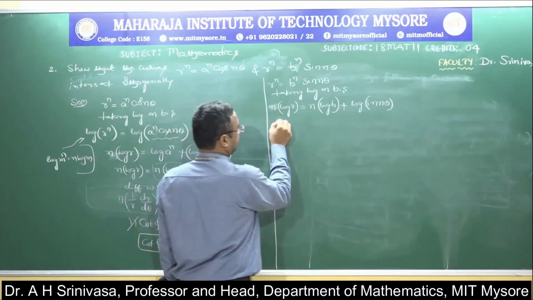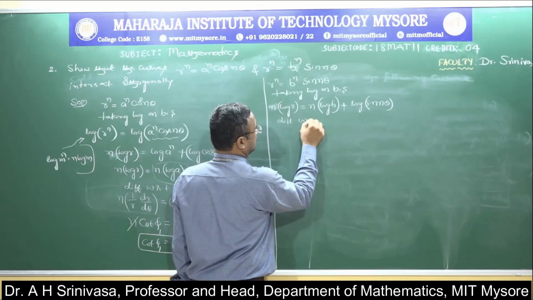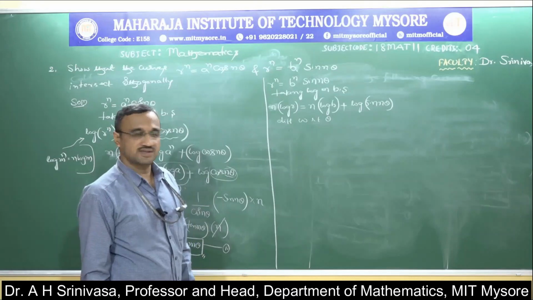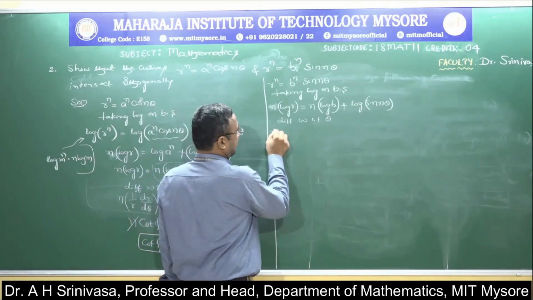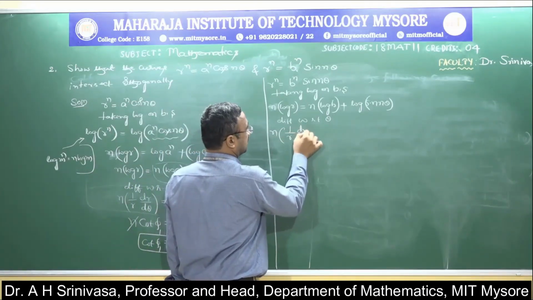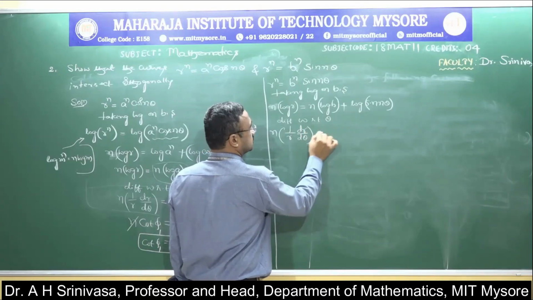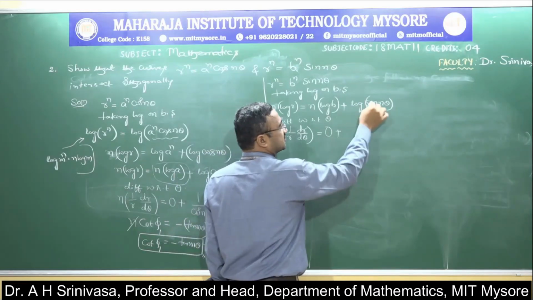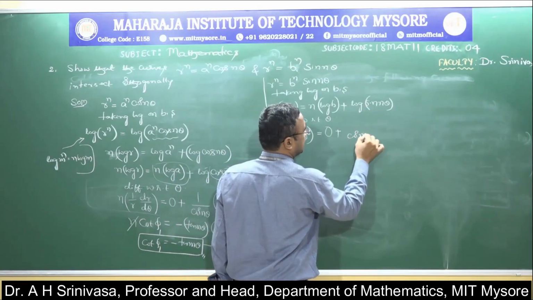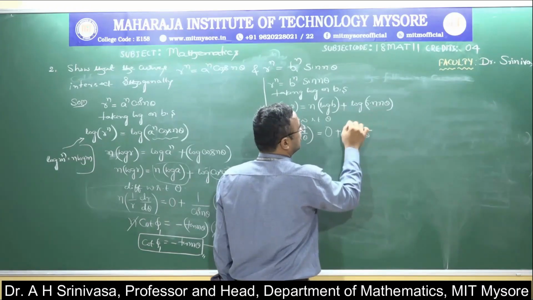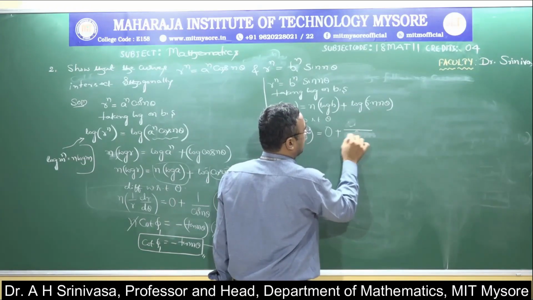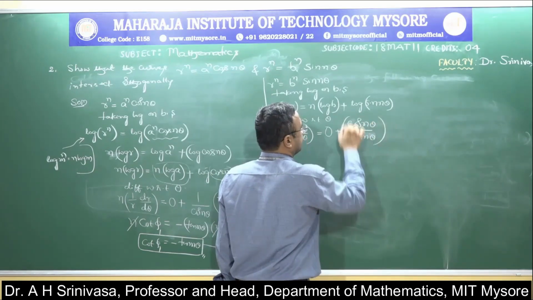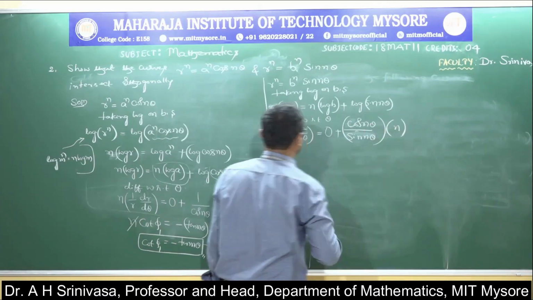Now differentiate this one with respect to theta. Then n into 1 by r dr by d theta should be equal to 0 for the constant function. Again the same procedure: the differentiation of log of the function sin n theta is 1 by sin n theta, then you get cos n theta into n.